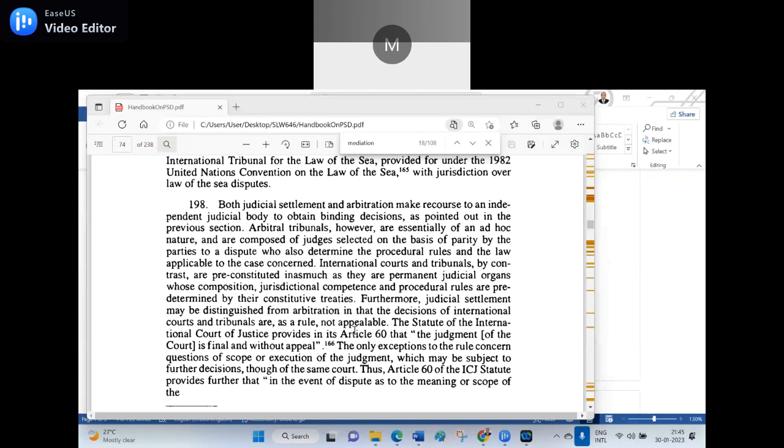Like the International Tribunal in the UK that decided the case of Dawson versus the electricity department. What is that electricity department in Tanzania?